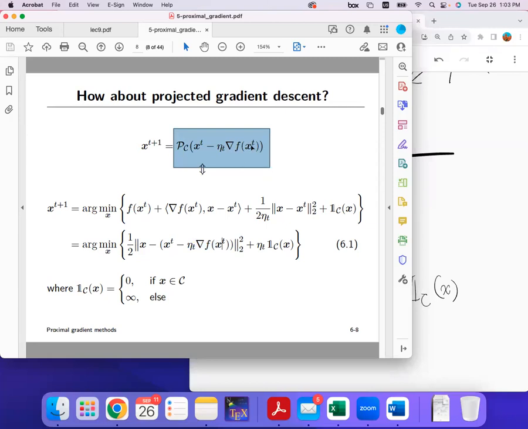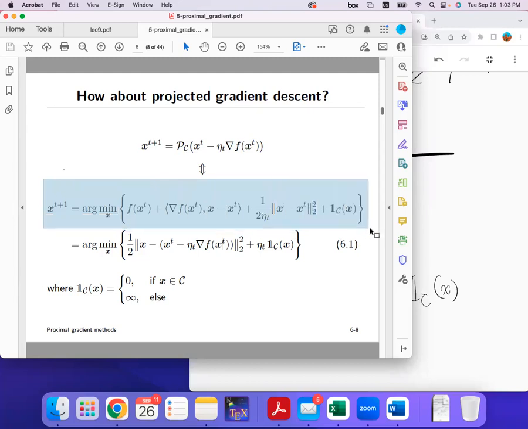We are projecting this point onto the set C. So you see that for projected gradient descent, we have such an equivalent form of this algorithm.